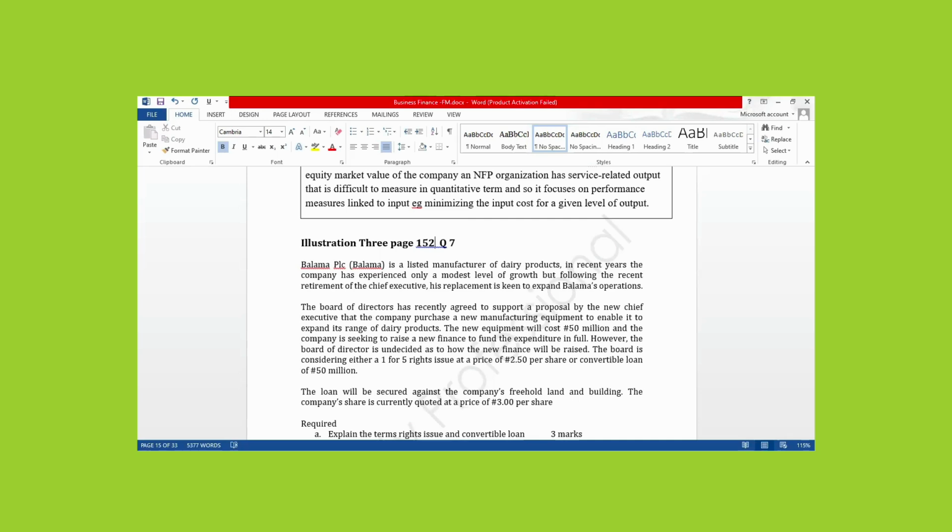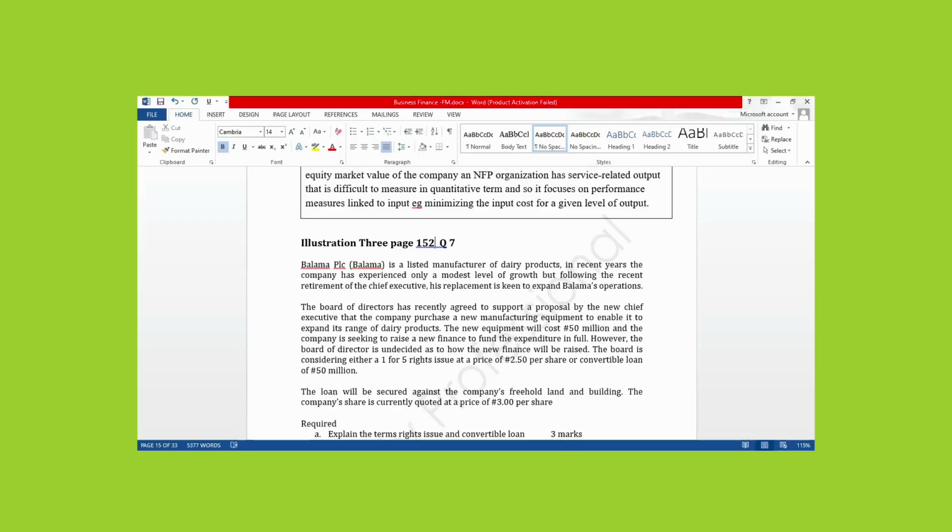Balama PSC. Balama is a listed manufacturer of dairy products. The company has experienced only a modest level of growth. But following the recent retirement of the chief executive, his replacement is keen to expand Balama's operations.